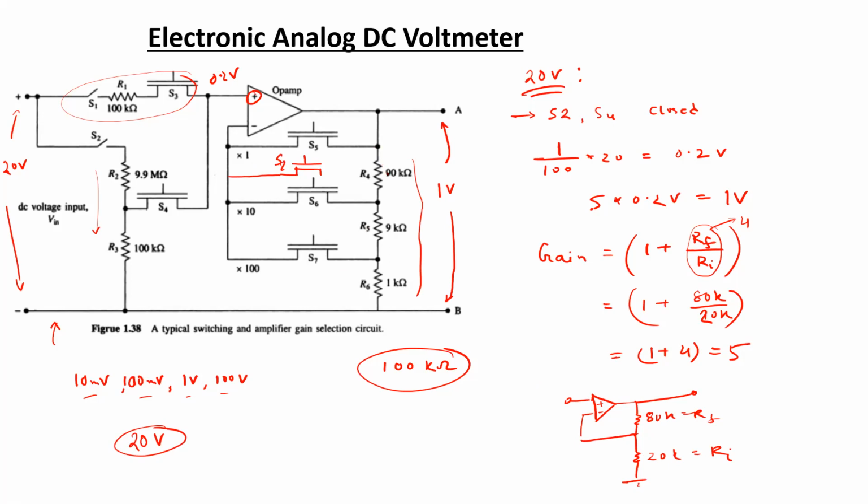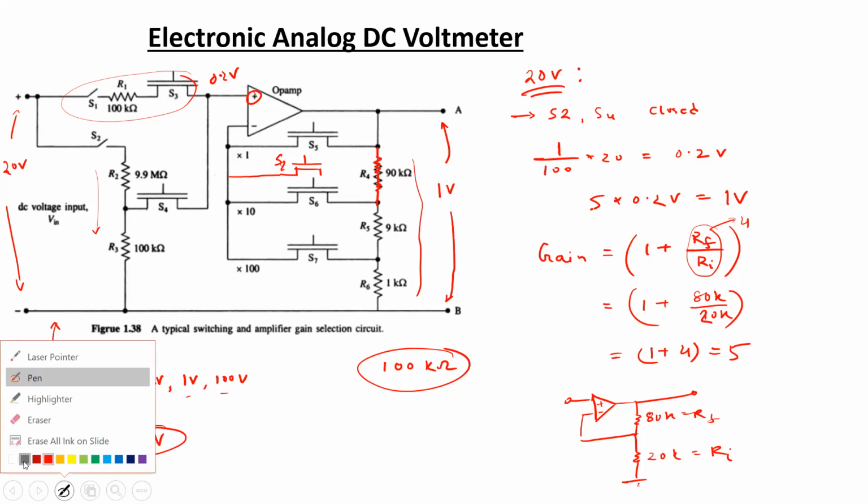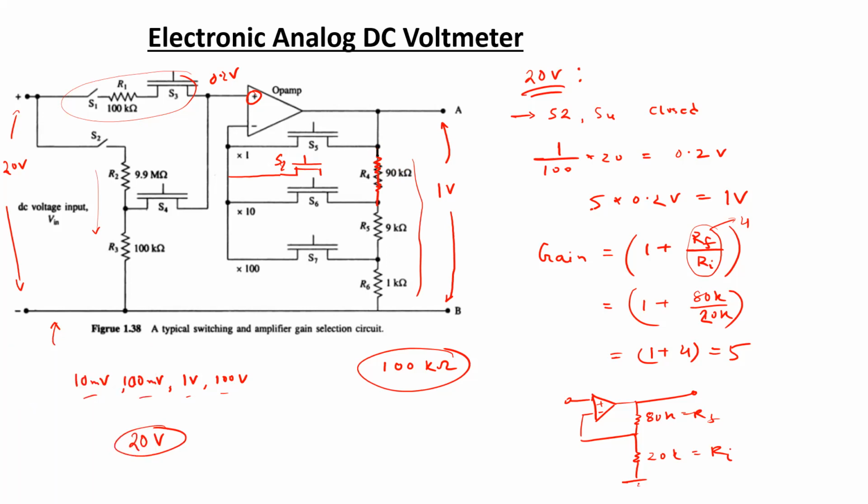So instead of connecting a 90 kilo ohm resistance, we can divide it into 2 portions: one portion can be 80k, another portion can be 10k. So the 90k resistance we are dividing into 2 parts.